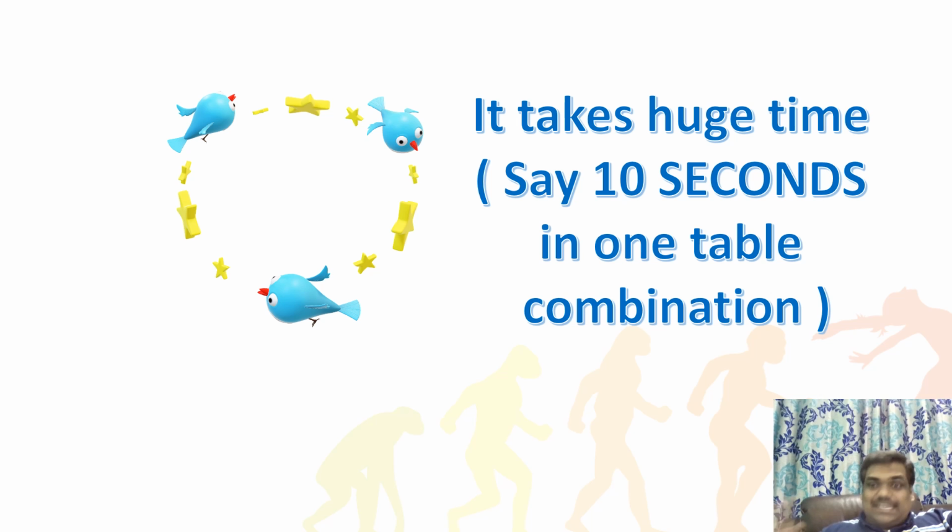Just imagine, that's one table combination. We don't know, the response time completely depends upon the number of records in your table, the data type of the table, the relationship of the table, and the way you are querying. But in this particular example, I'm just saying it's 10 seconds.